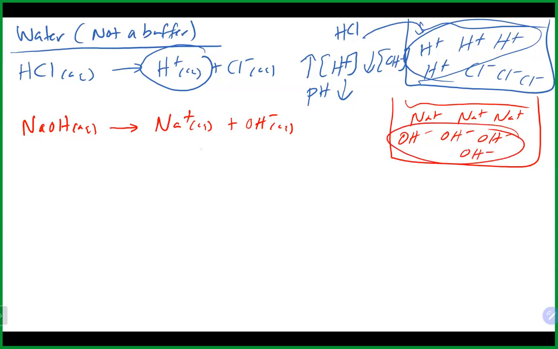The concentration of hydroxide will increase, the concentration of H plus will go down, and that means the pH will actually jump up because there's a lot more hydroxide or base in that solution. It may go from a pH of 7 up to like a pH of 12, a pretty big jump in the pH. Any question on that there?